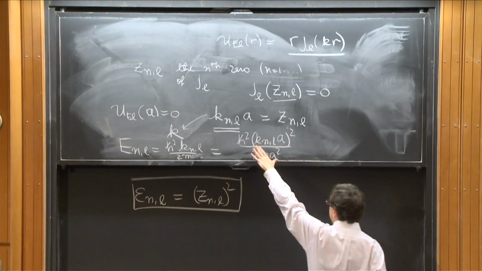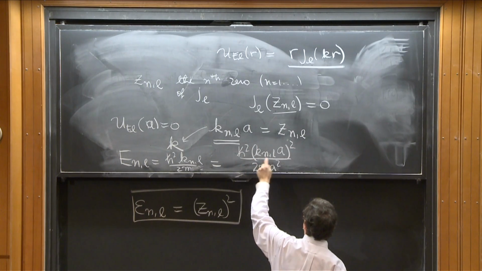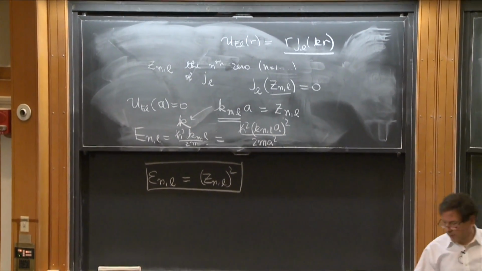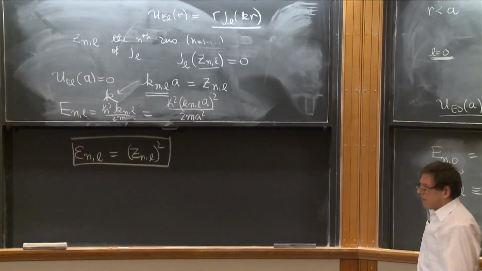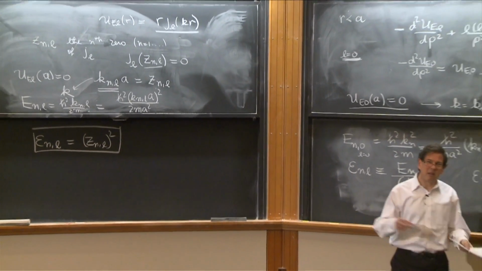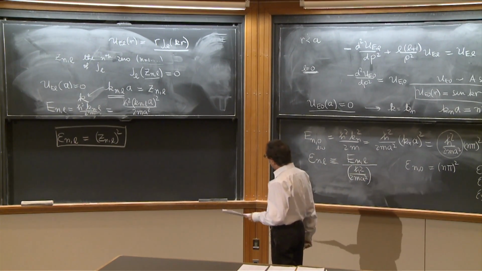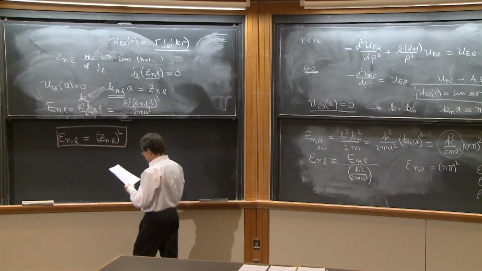So you divide it again by ħ² over 2ma², and that's all that was left. So you need to know the zeros of the Bessel function. And you might say, well, what for do I care about this? But it's kind of nice to see them.